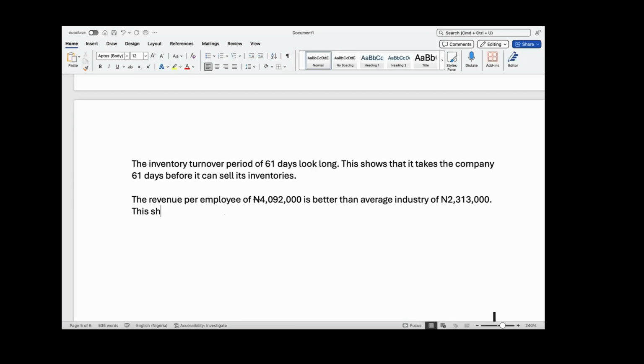This shows that the productivity of the company's employees is higher than most companies within the industry.